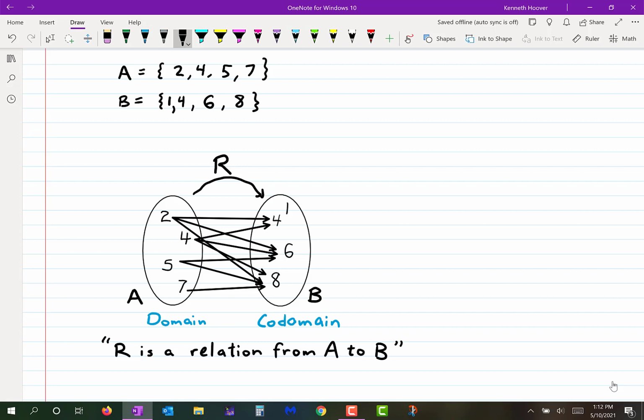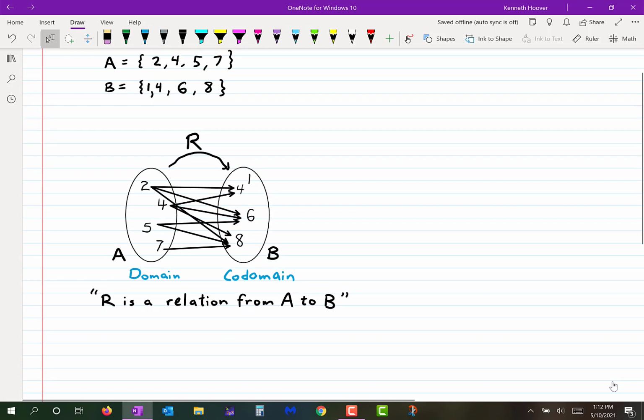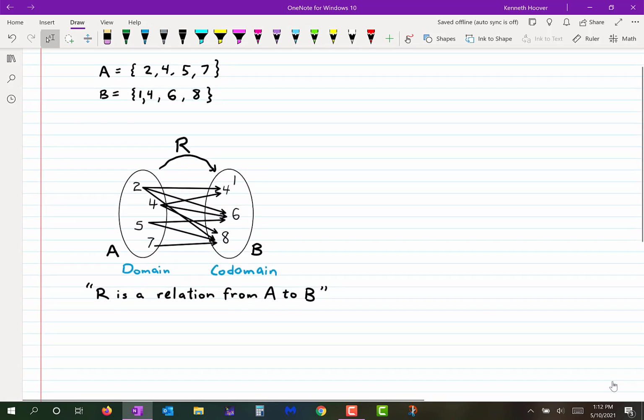Okay, now I can write this. I can write 2 is related to 4. We write like that. 2 is also related to 6. And 2 is related to 8.